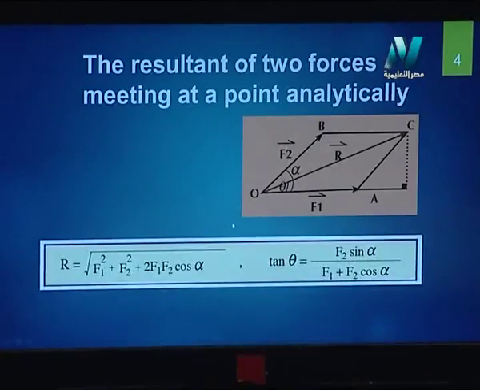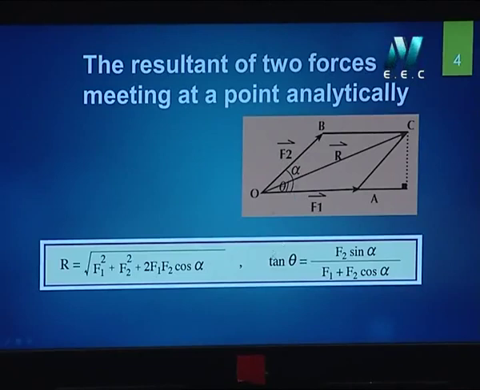We will use this rule to find the magnitude of R: R equals the square root of F1 power 2 plus F2 power 2 plus 2 F1 F2 cosine alpha. F1 is the first force, F2 is the second force, and alpha is the angle between the two forces.